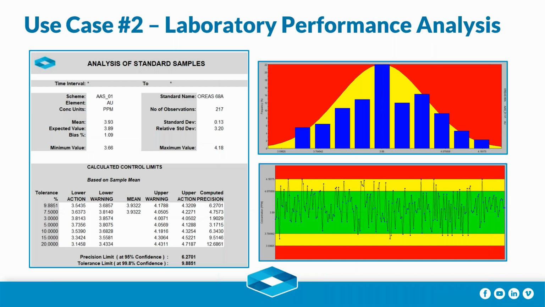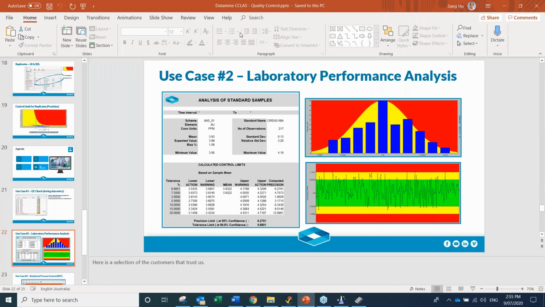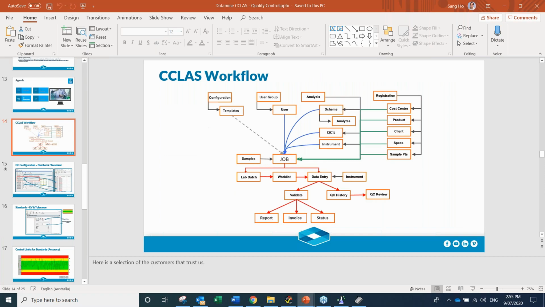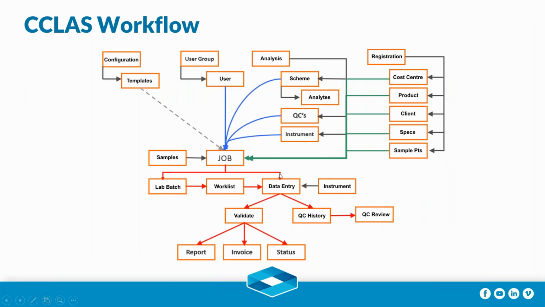Use case number 2 is the performance of our laboratory. If I go back to my previous diagram here, when doing data entry, all our QC results will be saved in a separate area for long-term storage.